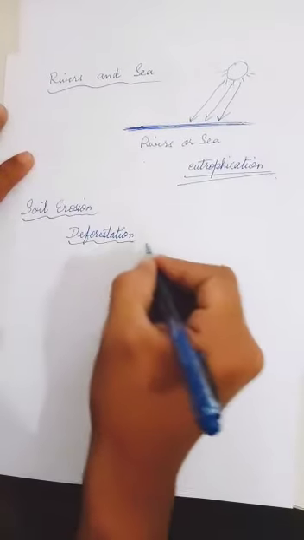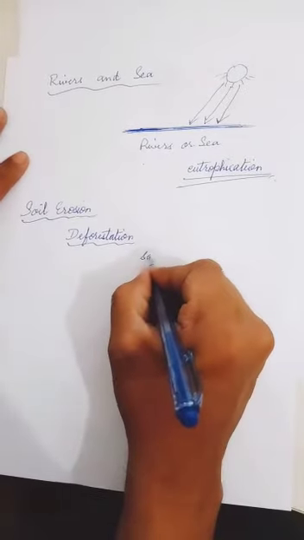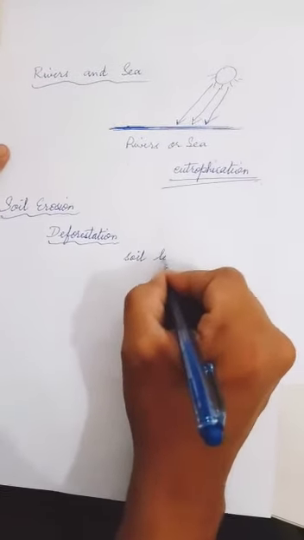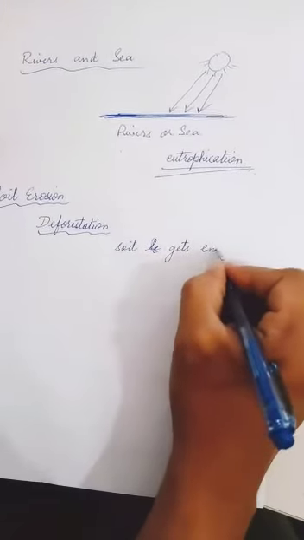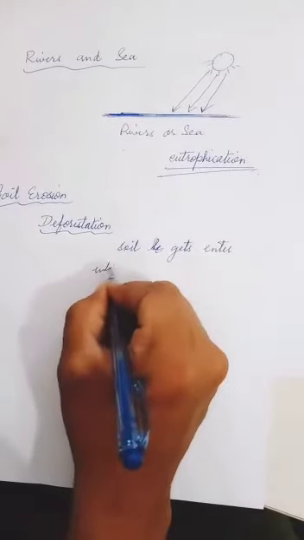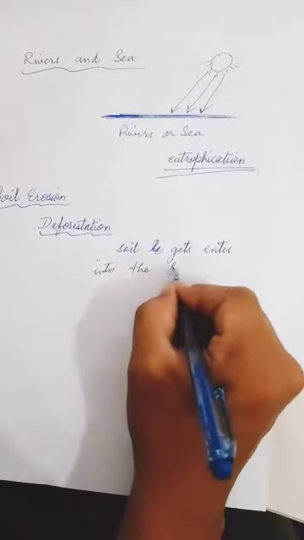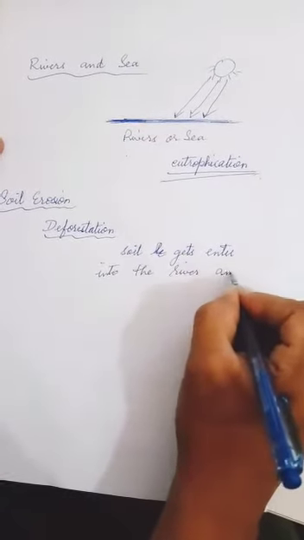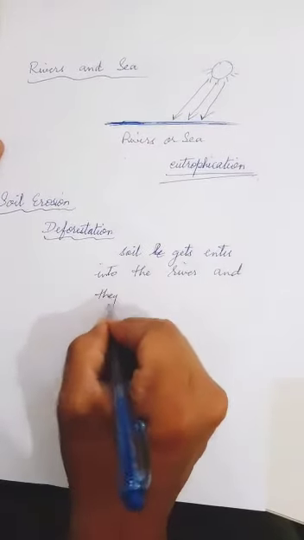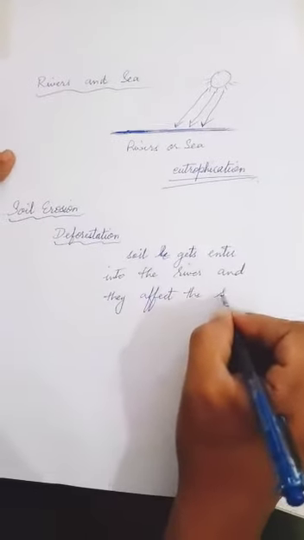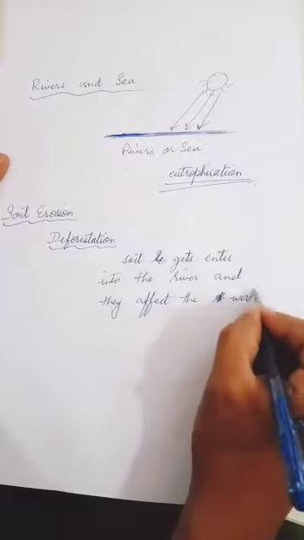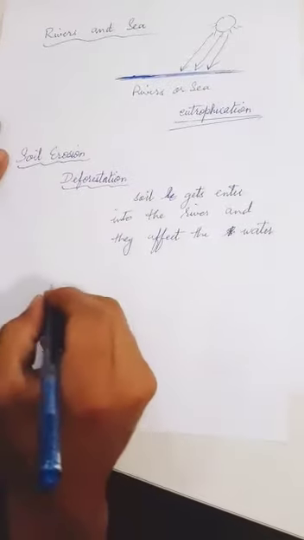Because of deforestation, the soil gets into the river, and it affects the water and pollutes the water.